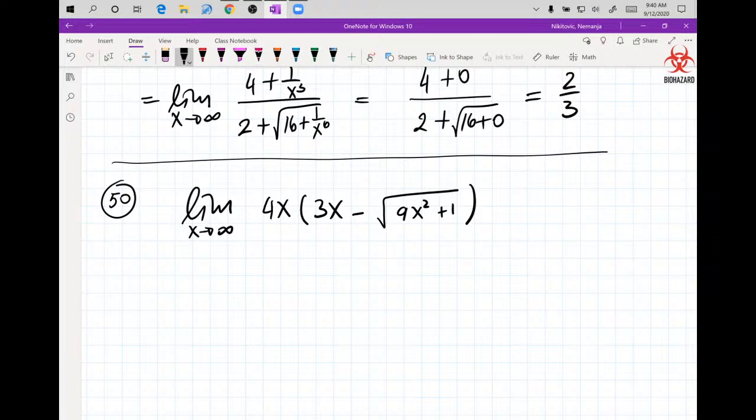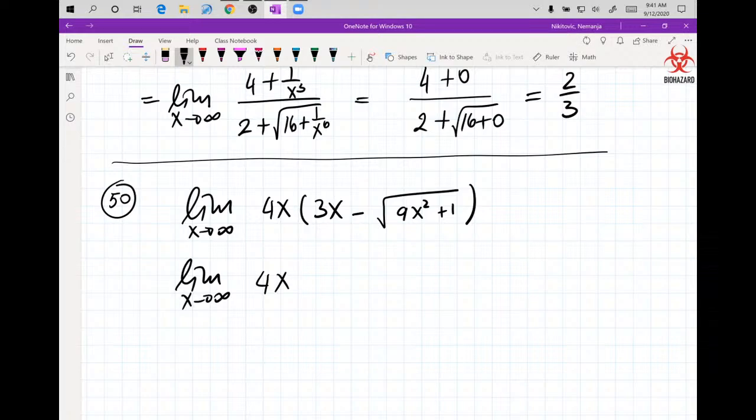So here, let's go. In order for me to solve this problem, I need to combine all of these things. And it seems to me that I should be able to somehow work out this square root over here to factor out x squared, which would become an x, which I can factor with this x here, and then that would go outside. So let's see what we get. X goes to infinity.